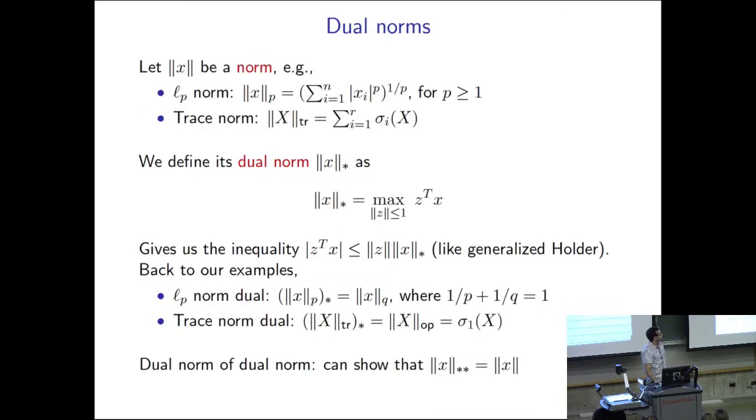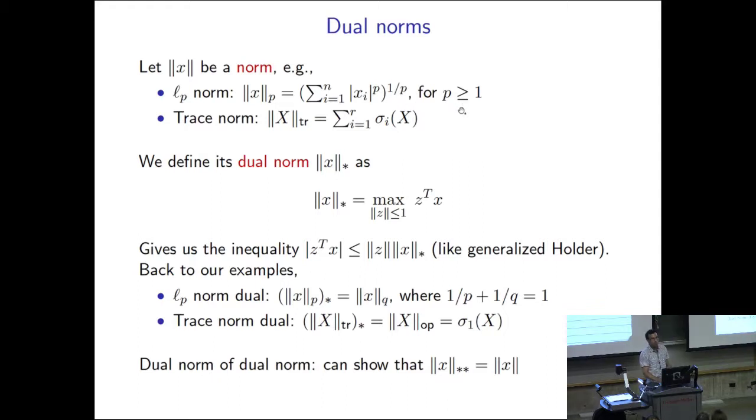So let's talk about dual norms. We've already worked with these a bit on the homework, and we've mentioned these a bit before in class. Let's suppose that this is a norm, and two common examples are an LP norm, which we've seen before, but just to be concrete, this is defined as the sum of the pth absolute powers of xi, the whole thing to the power of 1 over p.